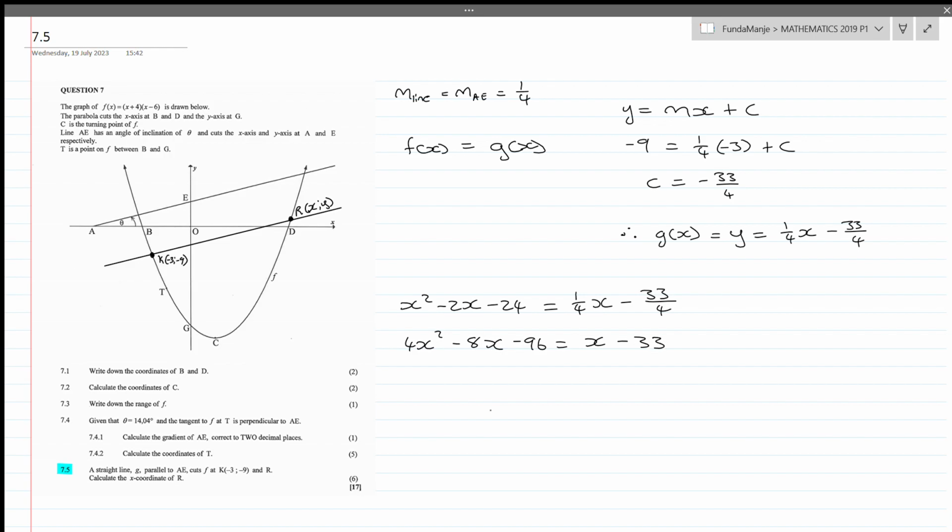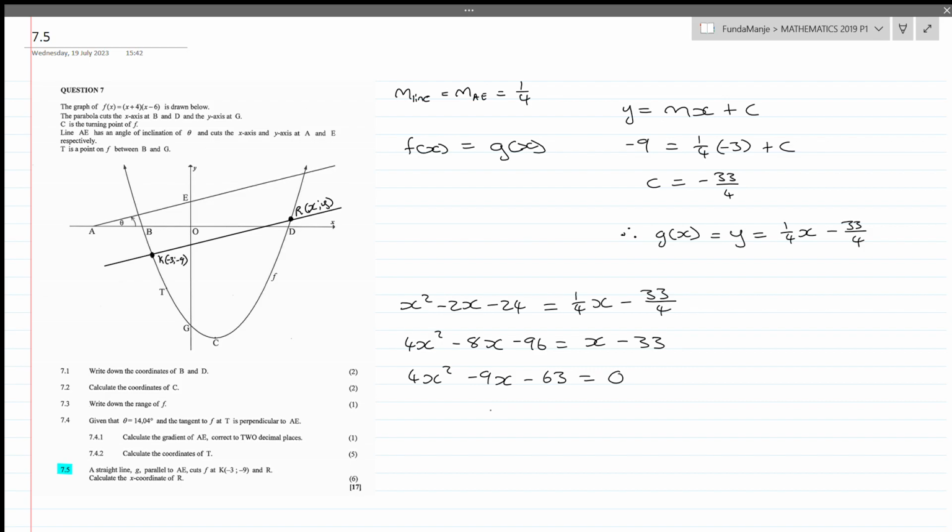Then we can take x to the other side, it will become negative. So we're going to have minus 8x minus x. That will give us minus 9x. Then taking minus 33 to this side, we're going to have minus 96 plus 33, which gives us minus 63.